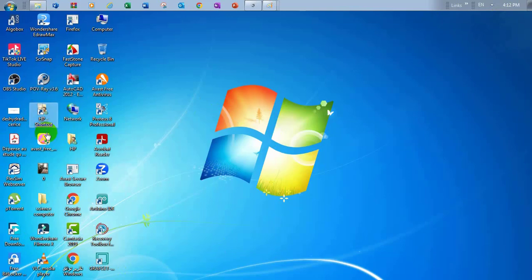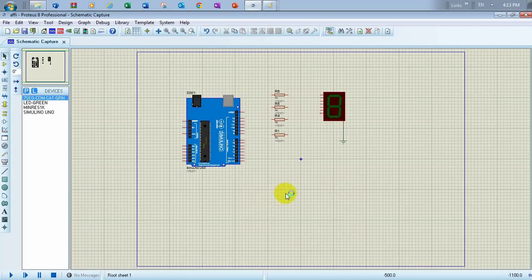We are going to open it, okay, and for this project we use a simulation software for simulating projects. It's called Proteus. We have been talking about this software.